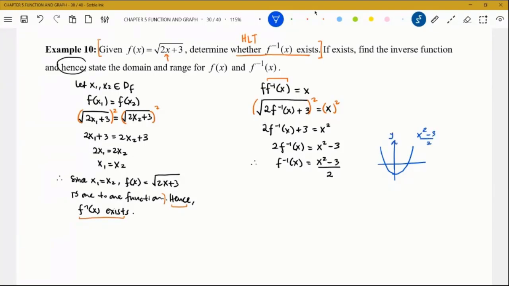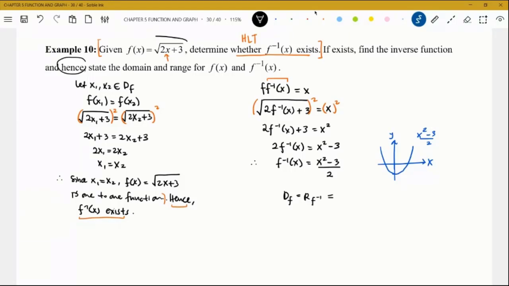So from this graph, we can have the domain. Domain bergerak daripada sebelah kiri sehingga sebelah kanan. Okay, but then we have to refer back with your f. Kita tahu domain f sama dengan range f inverse.